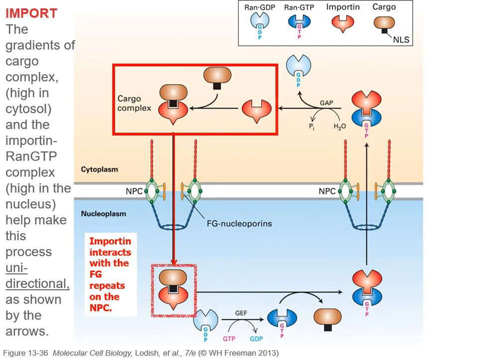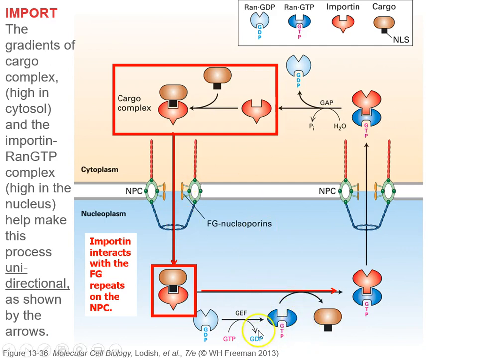Now we're in the nucleus. Remember we said that RAN GEF was located in the nucleus. The GEF is going to swap the GDP for GTP. This was RAN GDP, which is inactive. Now that I have the swap, this is RAN GTP, which is active.